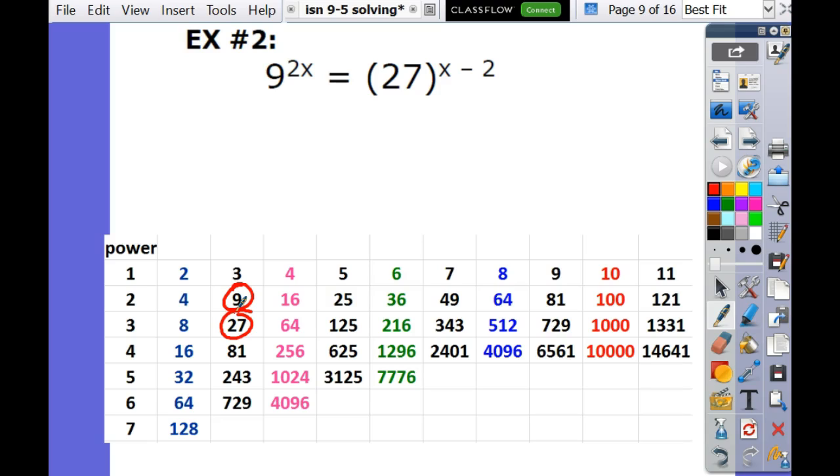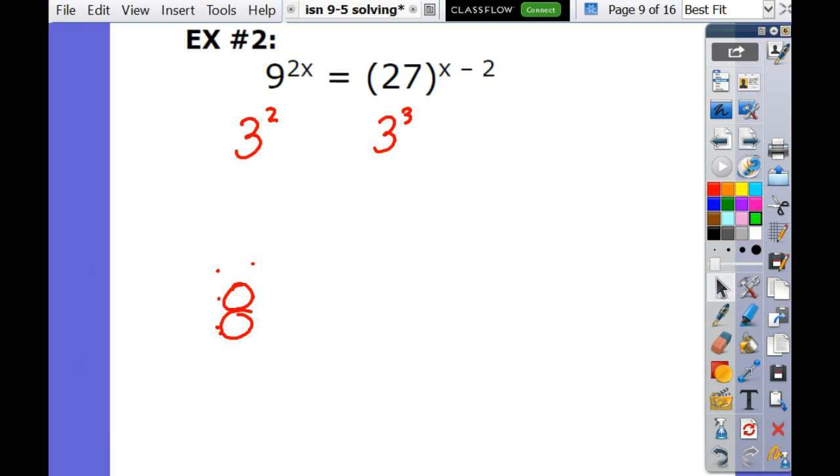The 9 is 3 to the second power. The 27 is 3 to the third power. And so then I don't need my multiplication chart anymore.